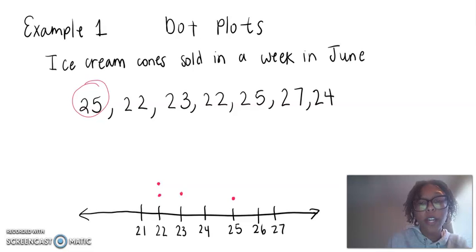Now we're going to go to the next one, 25. Now 25 has another one, and I'm just putting that dot right on top of it. And 27. And then 24. So this is an example of a dot plot. It is helping us note which values we have as well as the frequency of those values.